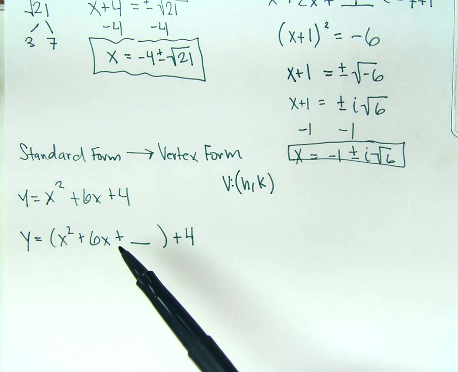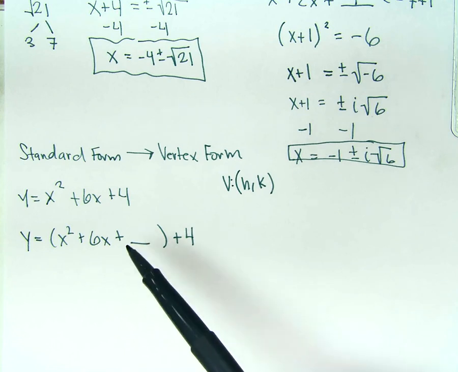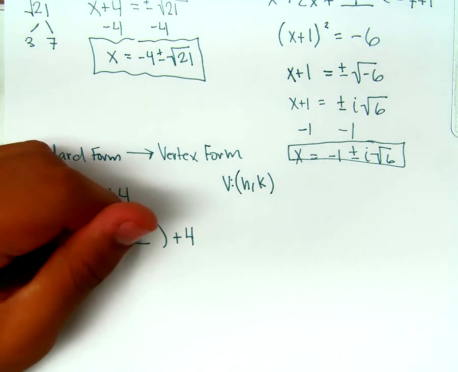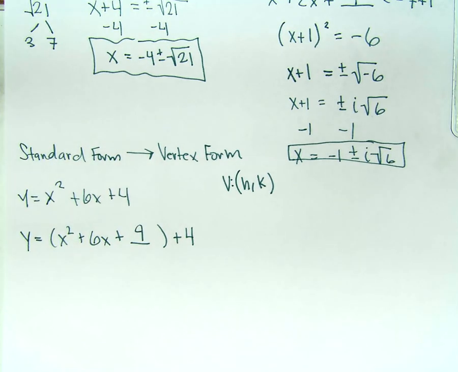So what we're going to do is complete the square here. So what is our c going to be? 9. It's b over 2 squared. Well, 6 over 2 is 3, and 3 squared is 9. Before I do that, what do we need to do to the other side?